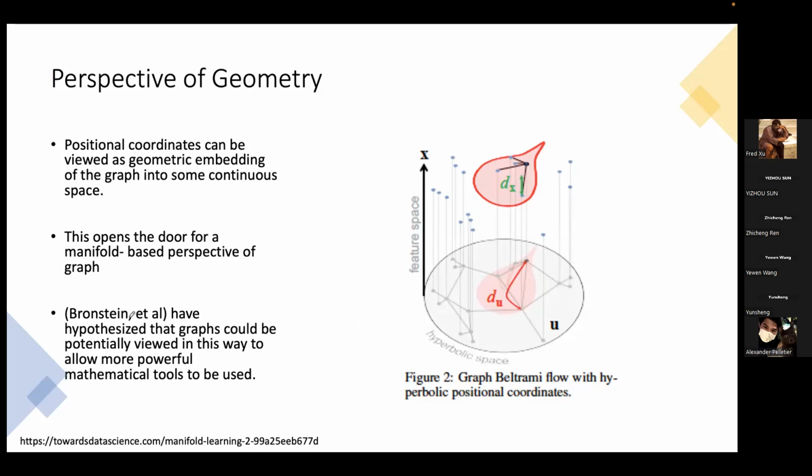So Bronstein, I think, is very big on hypothesizing that graph could be potentially viewed as a manifold, and that would open the door for more powerful mathematical tools to be used.